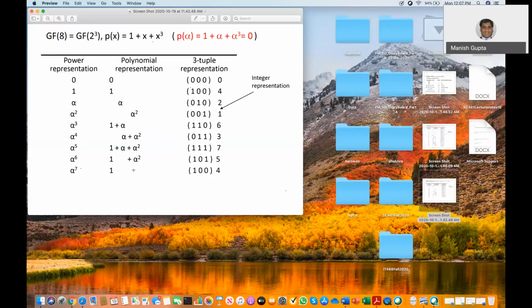So from this we know the value of everything when we do every arithmetic, keeping these things in mind. Suppose I have to add alpha^2 and alpha^3, we are going to get alpha^5. This is how we do all the addition and multiplication.